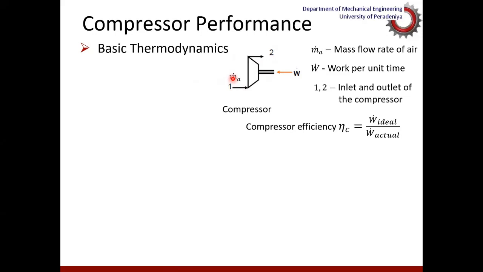Now, if you define the compressor efficiency, eta_C, that is the ideal work rate divided by the actual work rate. In compression, the actual work required to run the compressor is always more than the ideal amount of work that is required due to frictional effects and other things.